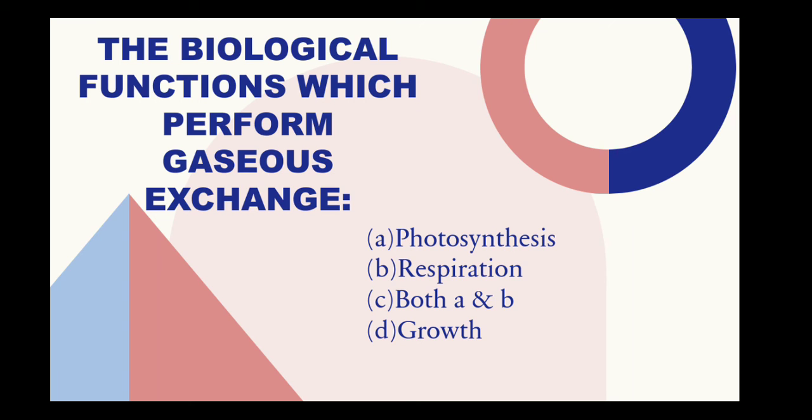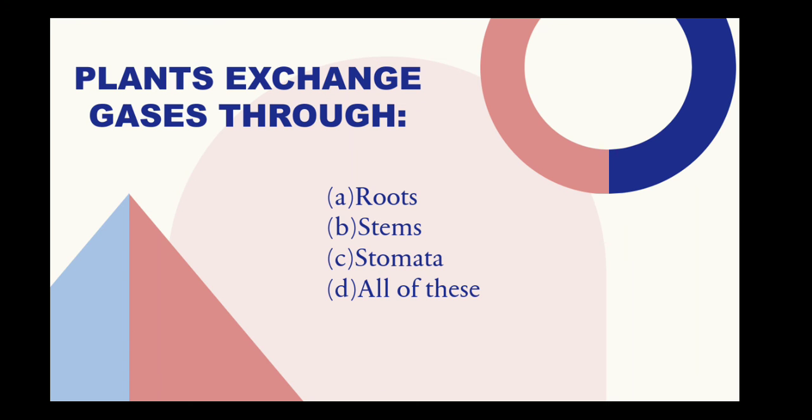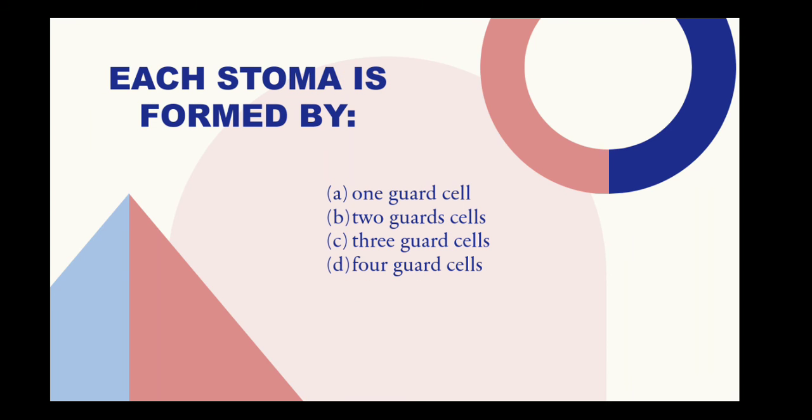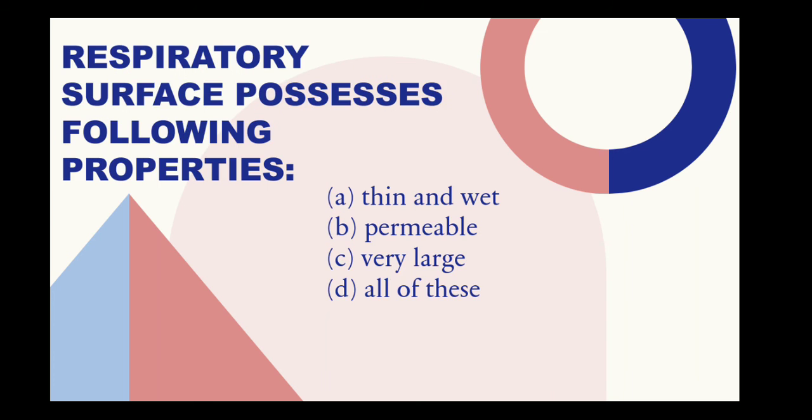The biological functions which perform gaseous exchange: photosynthesis, respiration, both A and B, or growth. Plants exchange gases through roots, stems, stomata, all of these. Each stoma is formed by 1 guard cell, 2 guard cells, 3 guard cells, 4 guard cells. Respiratory surface possesses following properties: thin and wet, permeable, very large, all of these.